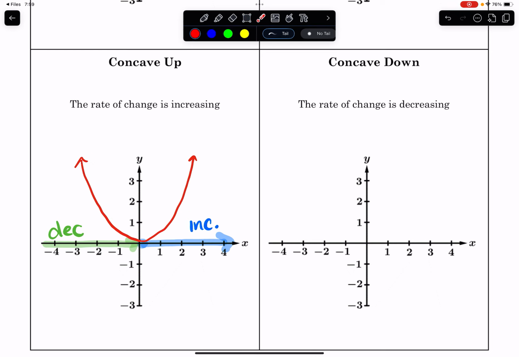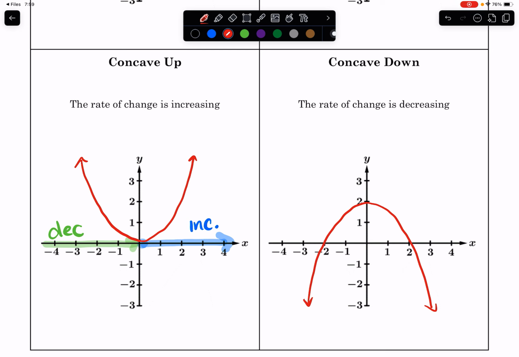This is concaving up. An example of concaving down would be the opposite. So it would look like this. So this is concaving downwards. Now, is this always decreasing? Nope. And it's not always increasing, but it is always concaving downwards.